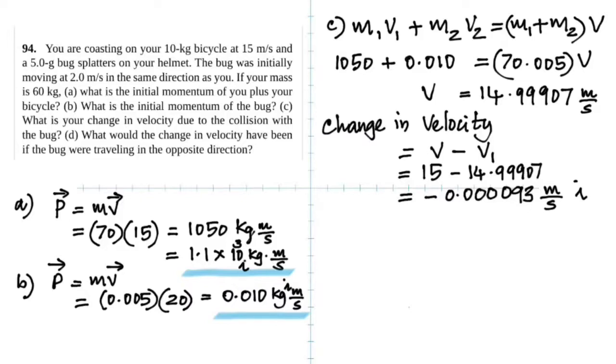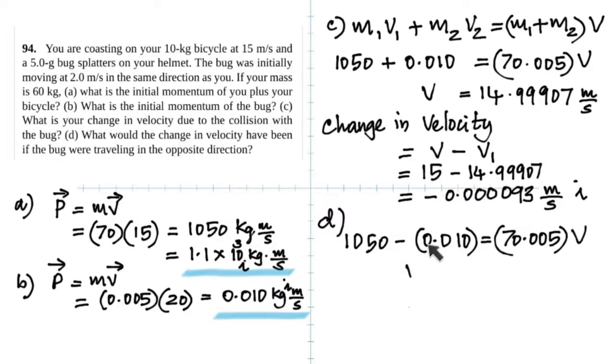Now the D part, what would be the change in velocity if the bug were traveling in the opposite direction? Now if the bug were traveling in the opposite direction, the momentum would be negative instead of being positive. So you see that it's negative, the same number here. And that would give this velocity as the final.